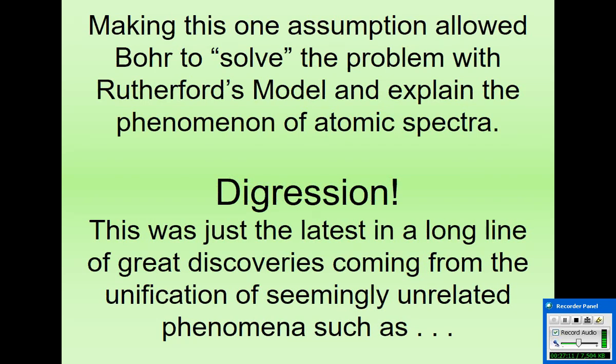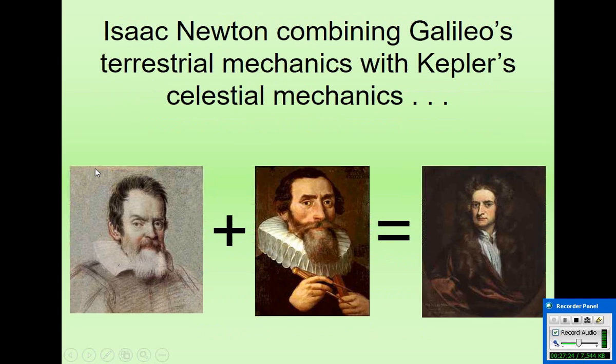But if you can explain why the angular momentum is quantized, then you've explained the issues with the Rutherford model, and you've explained the issues with atomic spectra. So, in a way, this was a unified theory. It's a unification of two seemingly separate problems into one problem.